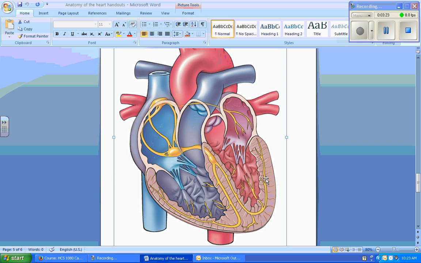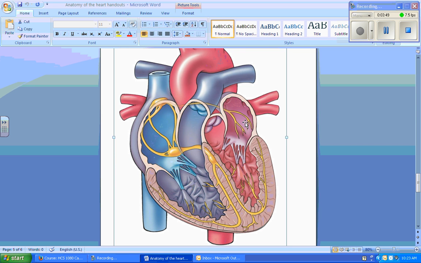So the atria and the ventricles contract, then they reset. The resetting is the relaxation of the muscle and the resetting of the whole cardiac signal. So these nerve fibers, again: the sinoatrial node, the atrioventricular node, the bundle of His, left and right bundle branches, and then the Purkinje fibers.